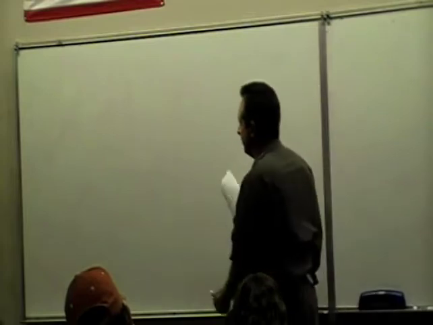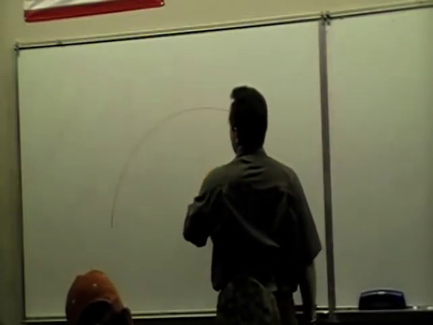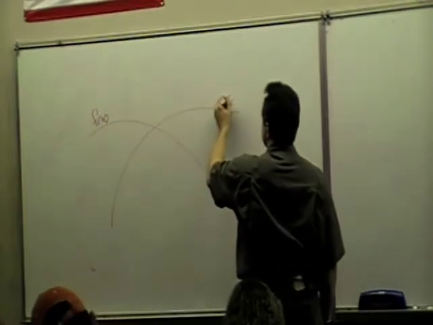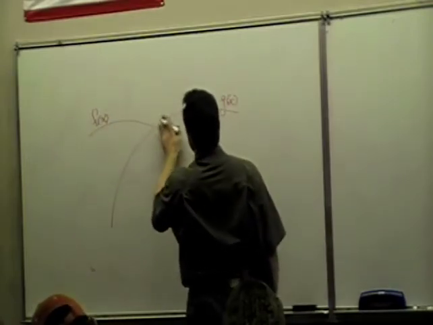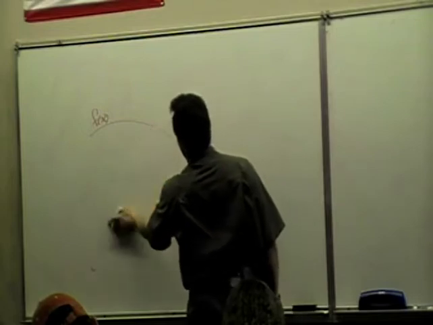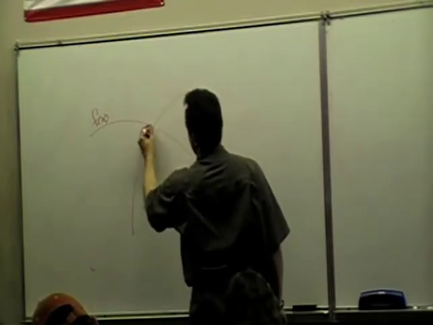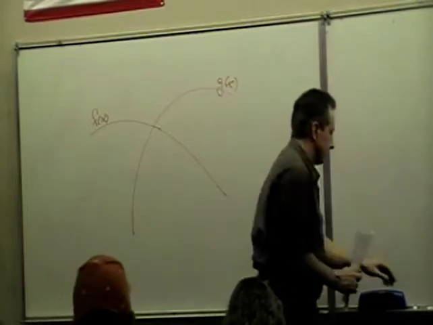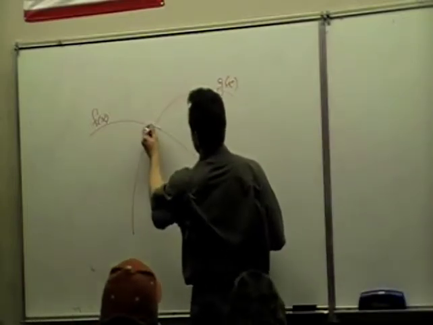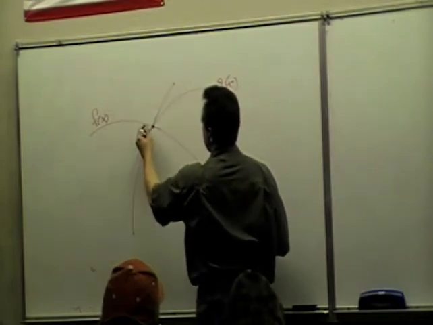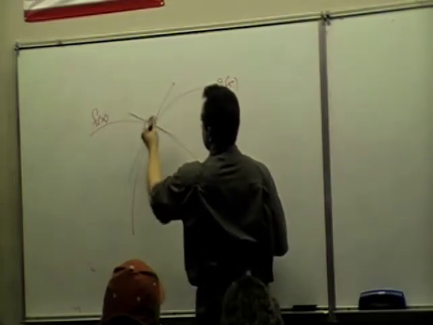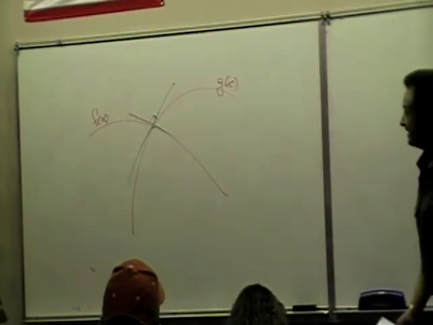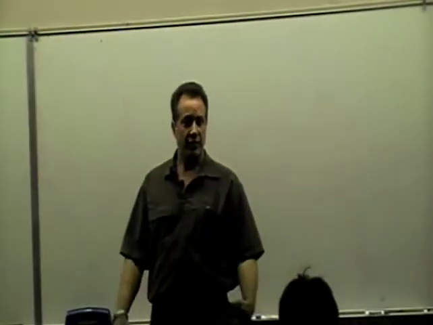So if I had a curve like this, f of x, and another curve like this, g of x, then right at the point of intersection there's one tangent, there's another tangent, and the two tangents are perpendicular. Then you can say that f of x and g of x are orthogonal trajectories of each other.